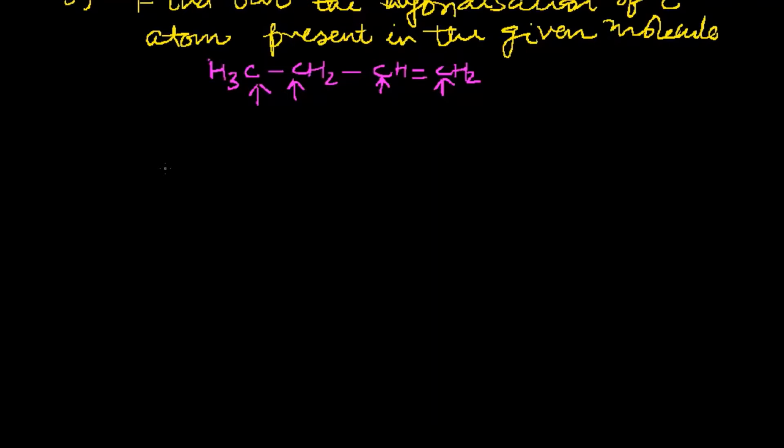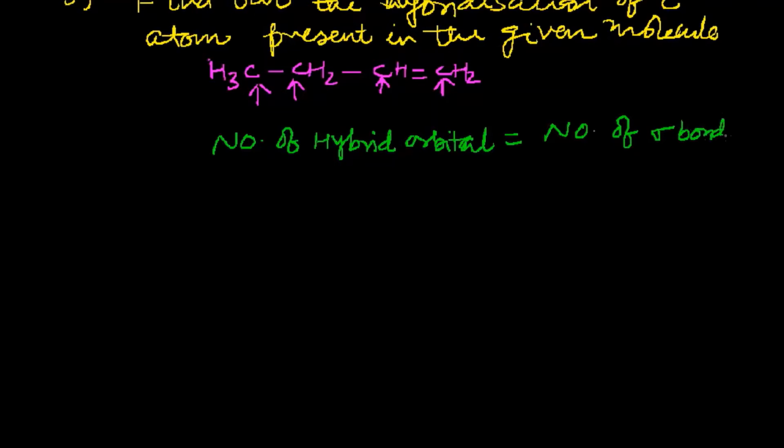This could be easily found out, the basis is simple: you just need to count the number of sigma bonds and you need to identify the number of pi bonds, and overall if you have to calculate the number of hybrid orbitals, we can say number of hybrid orbitals equal to number of sigma bonds plus number of lone pairs localized.